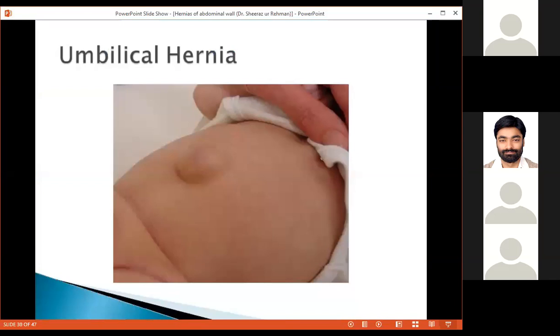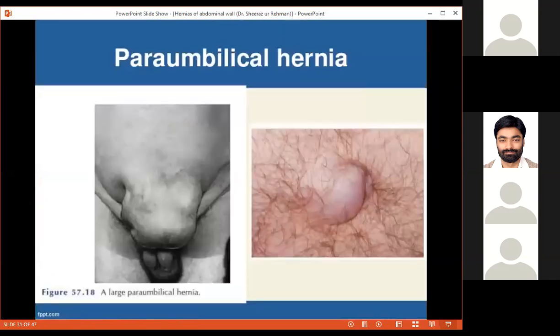As you can see in this picture, there's a defect just at the umbilicus. And there are paraumbilical hernias. Paraumbilical hernias tend to form a crescentic presentation. So one would have a hernia which is more crescentic, and these are usually acquired hernias. Increased coughing, abdominal straining, weightlifting, they tend to get.